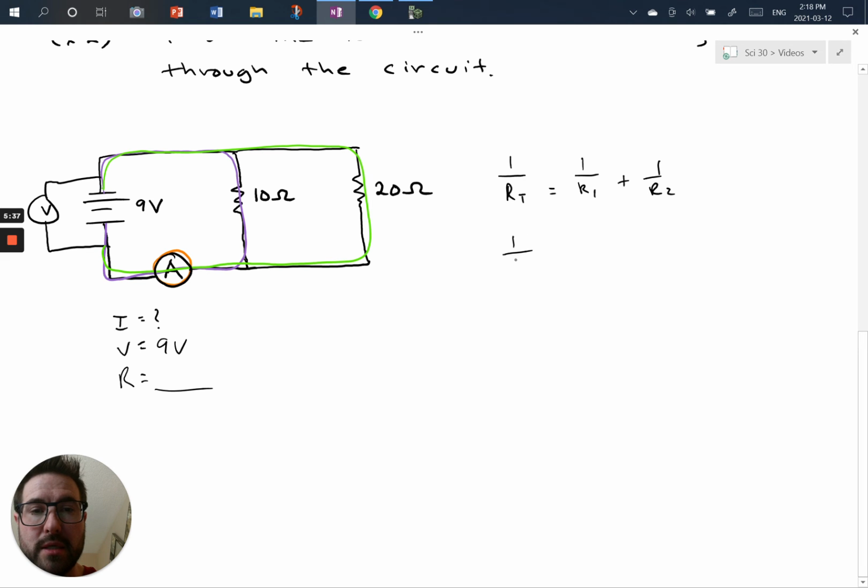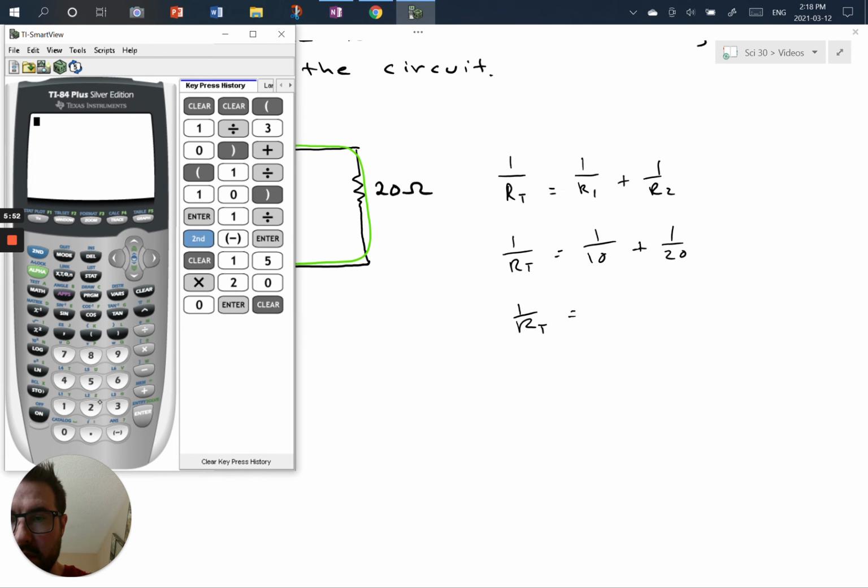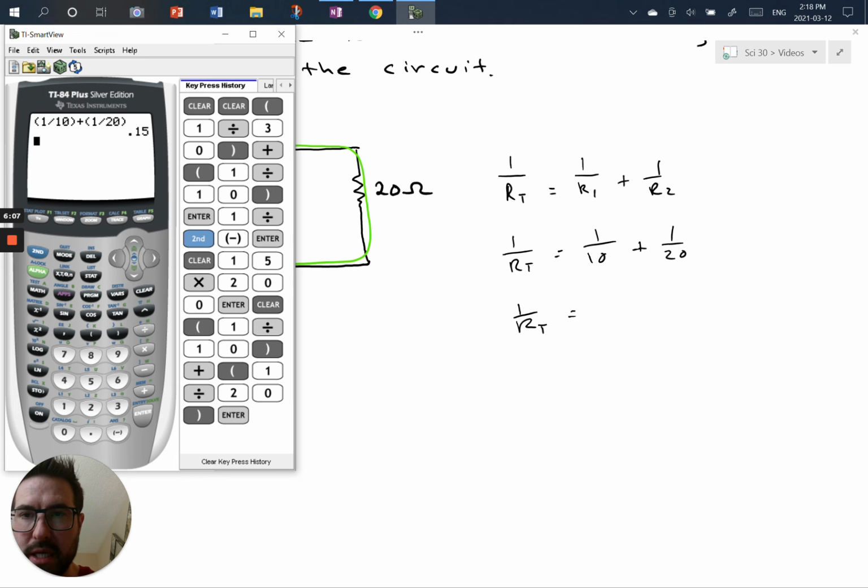So 1 over 10 plus 1 over 20. Plug that into my calculator. 1 over 10, add 1 over 20, close my bracket up, and I get 0.15.